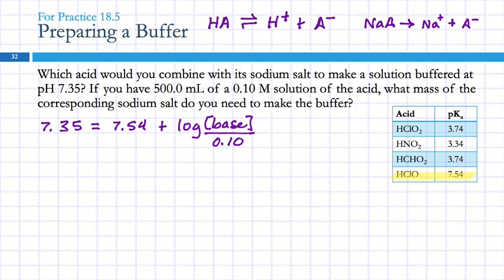So we need to find the base concentration. If you're good with algebra, you can rearrange this pretty easily and figure it out. If you don't like algebra and it doesn't like you, use the solver on your calculator. It's not just good for quadratic equations.